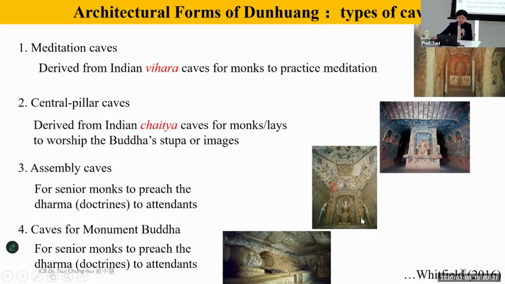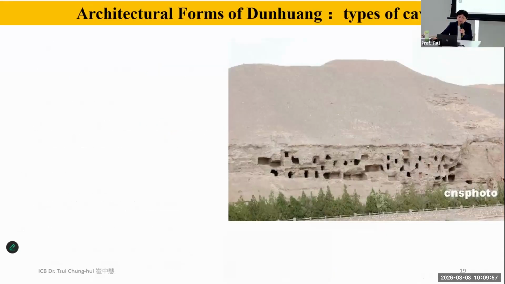And later, we have the assembly cave, created from the Northern Wei and Western Wei until the Sui and Tang dynasties. And there are also caves enshrined with a giant Buddha statue. We have the Nirvana Buddha or Maitreya Buddha in giant sculpture form.